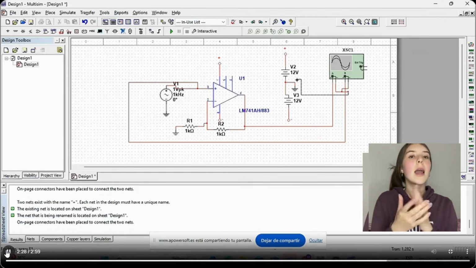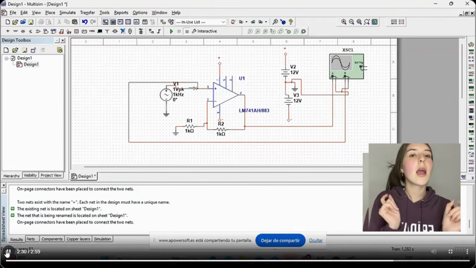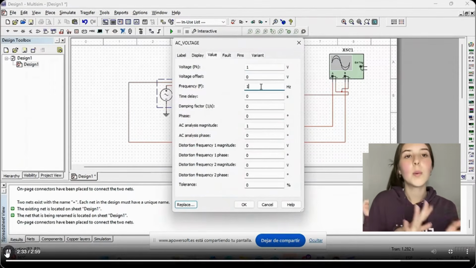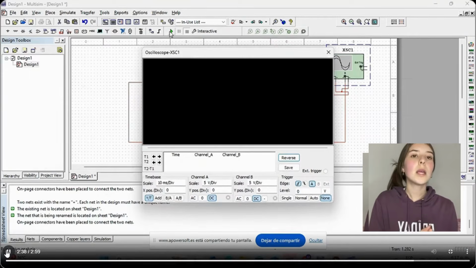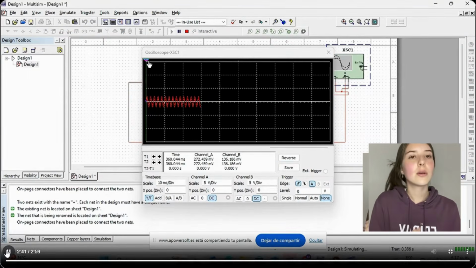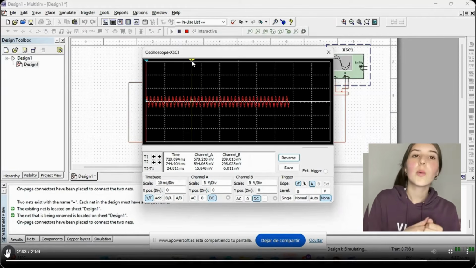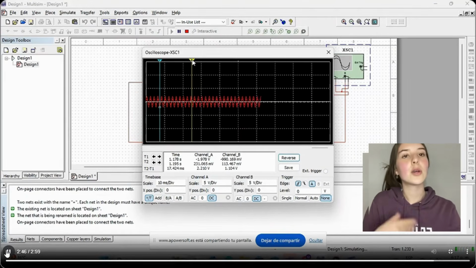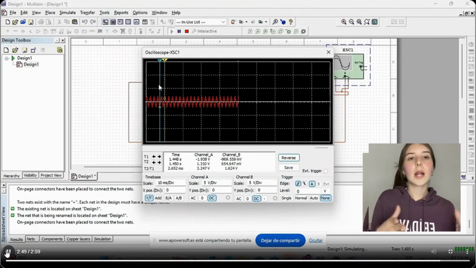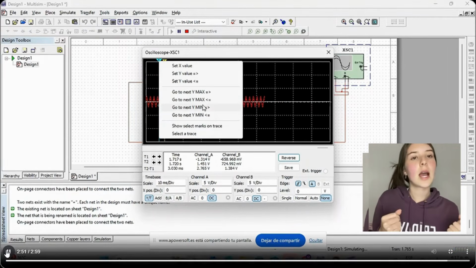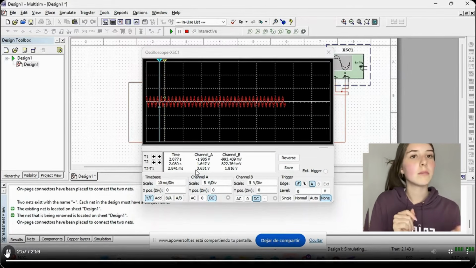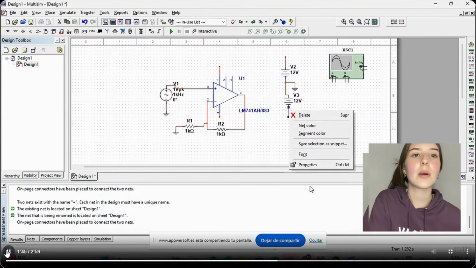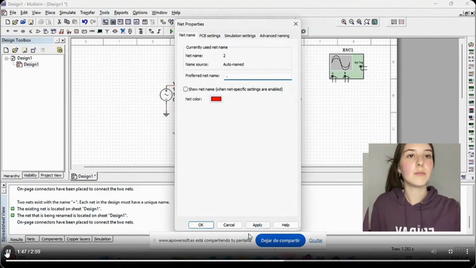We configure the AC source by double clicking it, at a frequency of more or less 500 hertz. Then click OK. We double click on the oscilloscope and so we see the wave. We click on those cursors that appear in the upper left to see the peaks, and if necessary, we click and put them at max or min. So we can see that channel A, which is the output, has double the input, channel B.